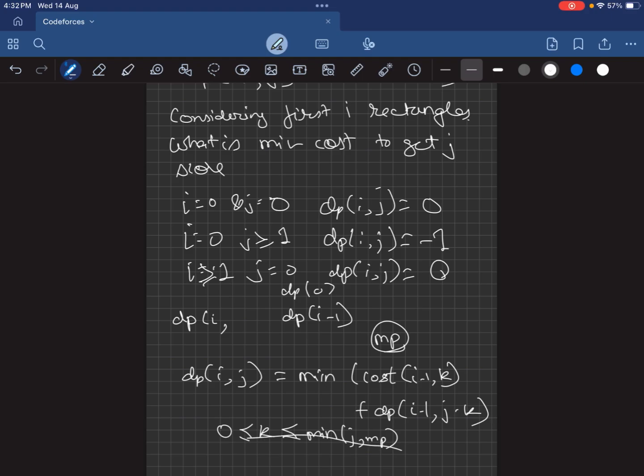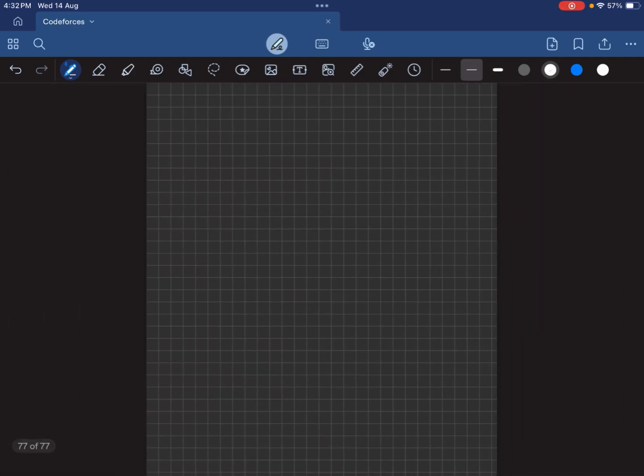So we calculate this minimum over this range. But what does this recursion essentially mean? Suppose this is dp of 0, dp of 1, the array, up to dp of i minus 1.